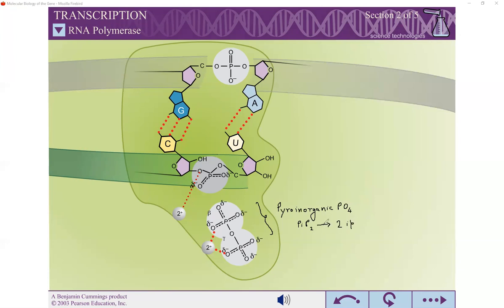This will produce a large amount of energy, and this energy is used to drive the process of transcription polymerization. How is this energy going to drive transcription? Let's have a review.